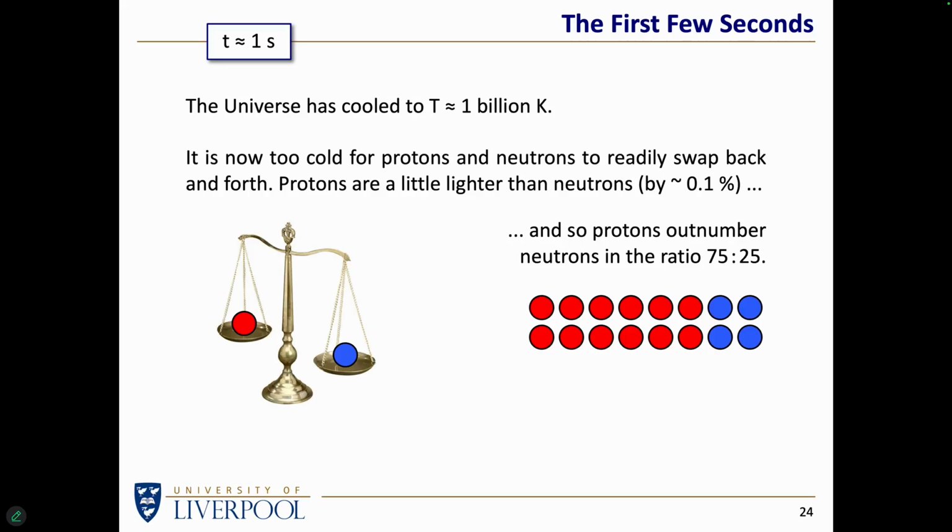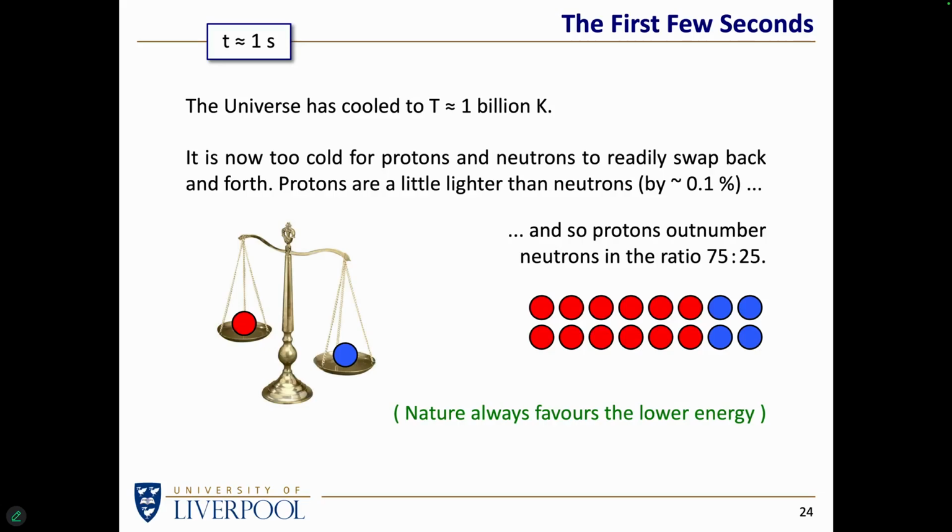And I'm just showing a representative set of 16 particles to show you the ratio is 75 to 25. In other words, 12 red versus 4 blue. So why is it that we get more protons than neutrons?